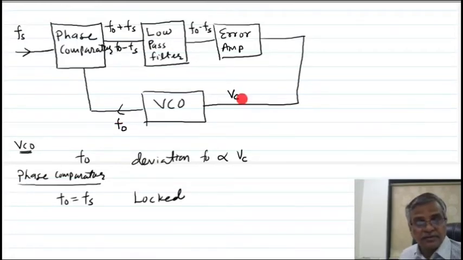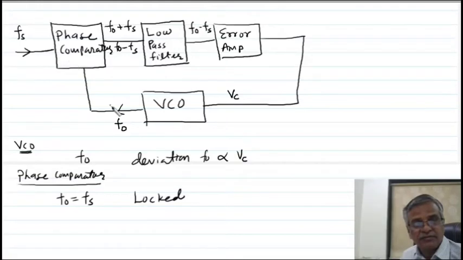The frequency of FO depends upon VC. So this VC changes the frequency of VCO and tries to reduce the frequency difference between Fs and FO. When the incoming frequency Fs is not equal to FO, some error voltage is produced at the output of the low pass filter. This error voltage is amplified by the error amplifier and it produces the voltage VC, and this VC changes the frequency FO till Fs is equal to FO.